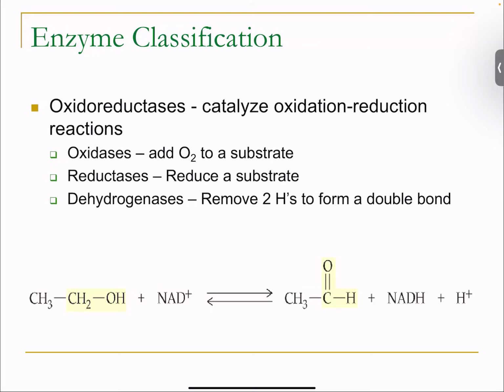So how would this be asked on a test? I could say a dehydrogenase acted upon this molecule, or NAD plus was added as a dehydrogenase to act upon this molecule, what is the product?